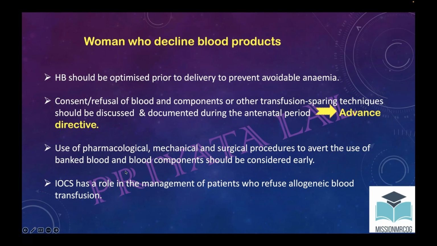All pharmacological, mechanical and surgical procedures should be done conservatively, so that there is less bleeding, because the patient will not accept blood. Consideration for cell salvage or autologous transfusion can be done if the patient will not accept any other person's blood. Now, a little knowledge about this, because I have seen questions from here also.